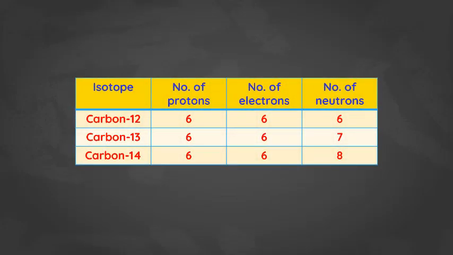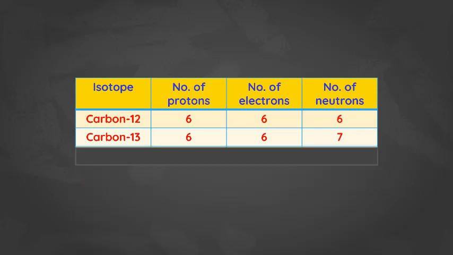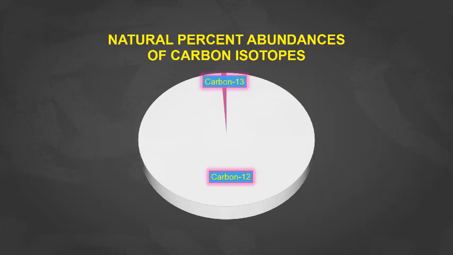Carbon has three isotopes, which are carbon-12, carbon-13, and carbon-14. Carbon-12 and carbon-13 are stable, while carbon-14 is radioactive, so it slowly decays. On Earth, there is a lot of carbon-12, a little bit of carbon-13 and a very small amount of carbon-14.